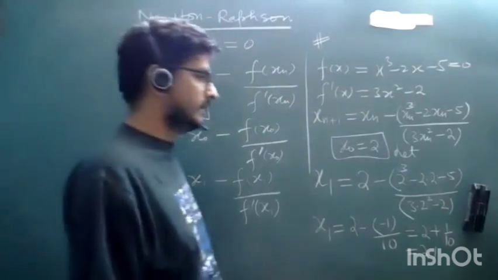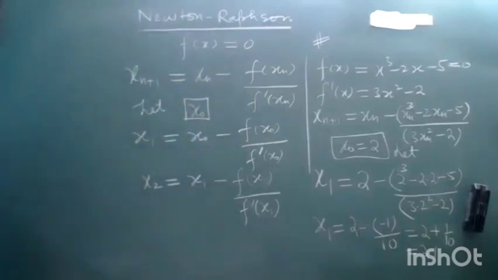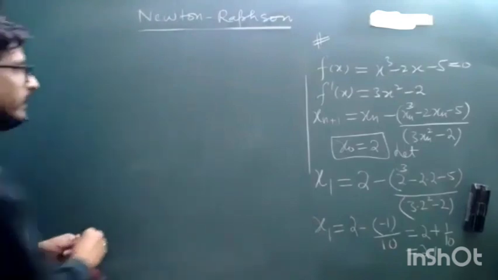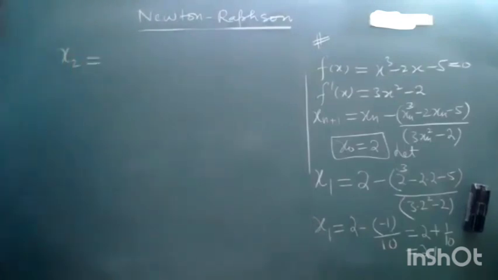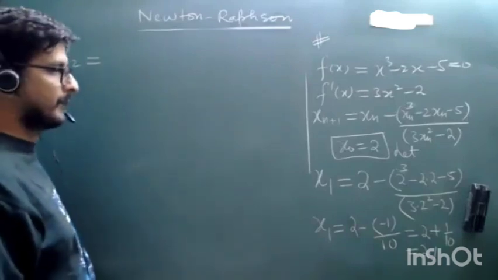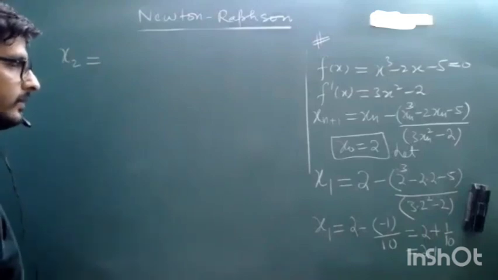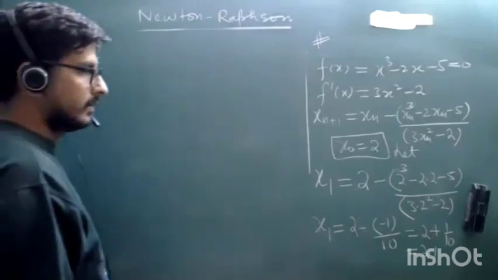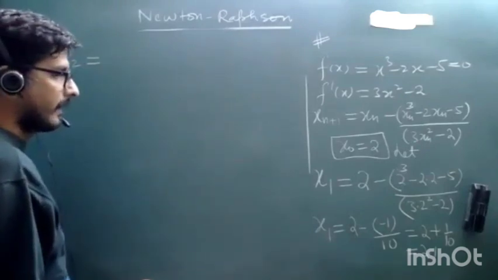So just to understand, go for the second iteration. What will be the value of x2? x1 is 2.1, na? Yes, sir.